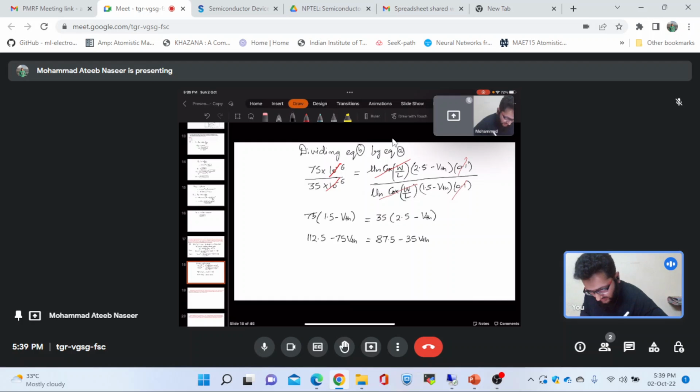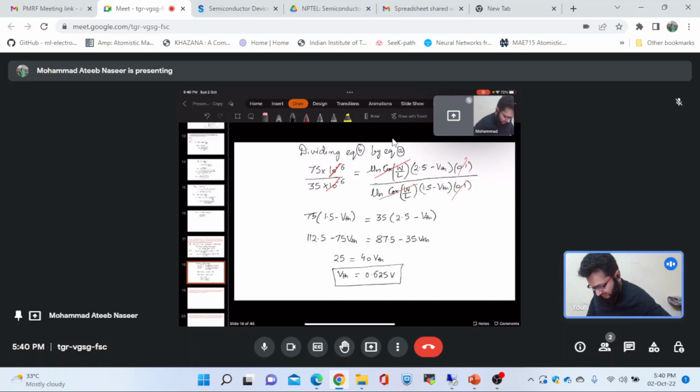So it will simply be 25 equal to 40 VTH. If I now divide these, it gives me 25 by 40, which is 0.625 volts.